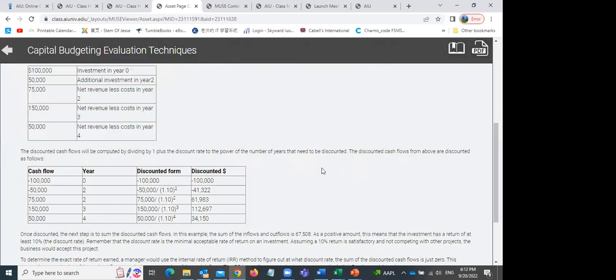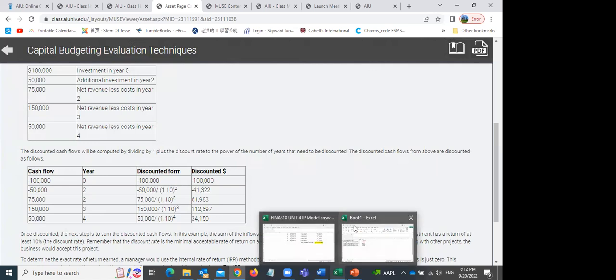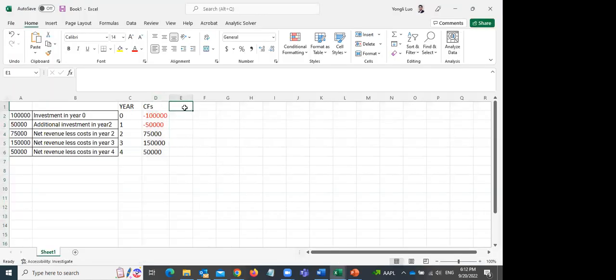For this case, the discount rate is 10%. So we have the rate, which is a 10% discount rate.